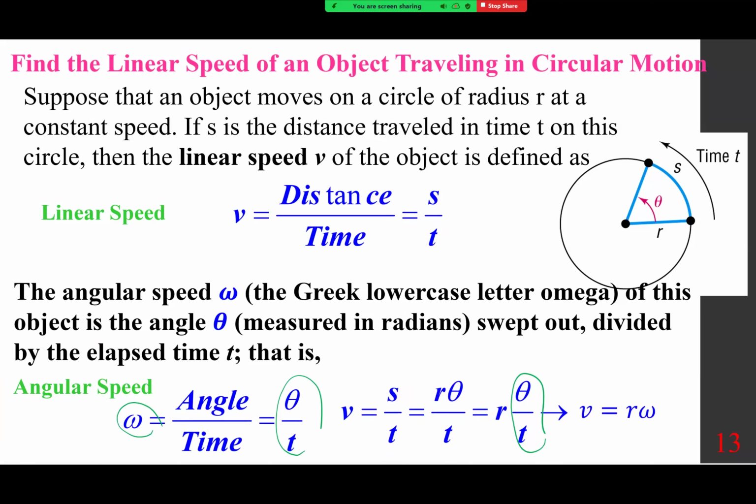So v becomes r omega. We proved their relationship. V equals r omega.